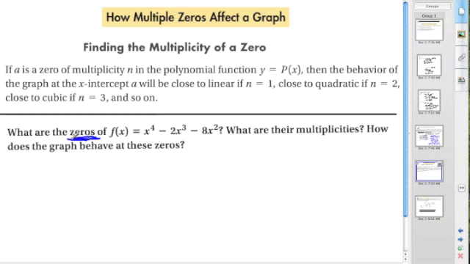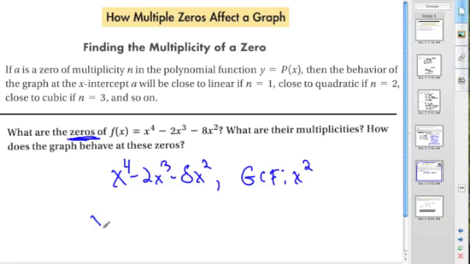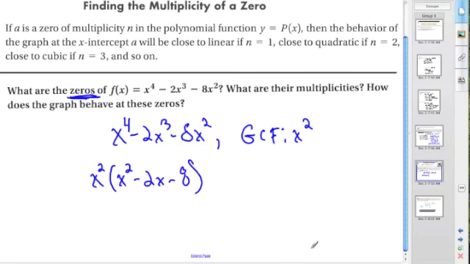So again, we have to factor this polynomial function. I know that my GCF is x squared, so I'm pulling out an x squared. So I have x squared minus 2x minus 8. I'm going to factor again.